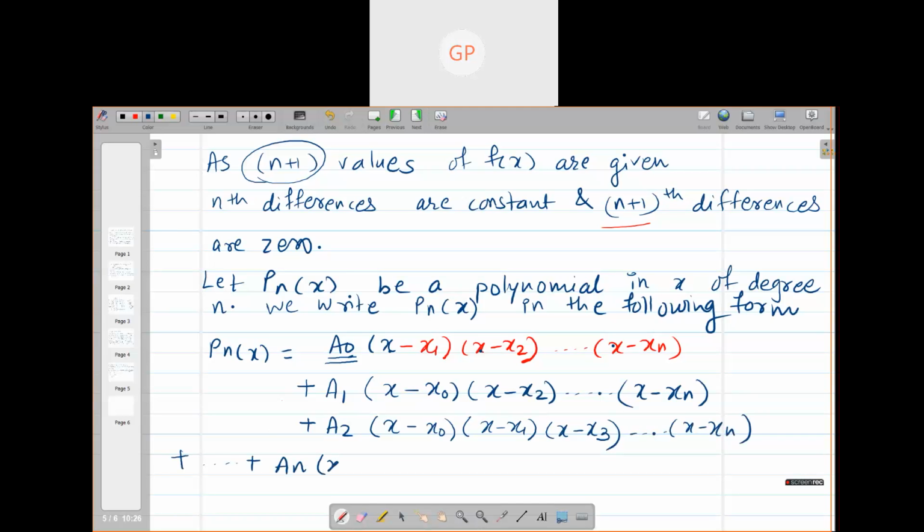What will we skip now? What should we skip? x minus xn. We should skip x minus xn, and therefore the last will be x minus x(n minus 1). Put this as equation number 1.